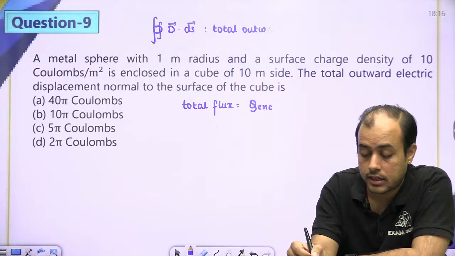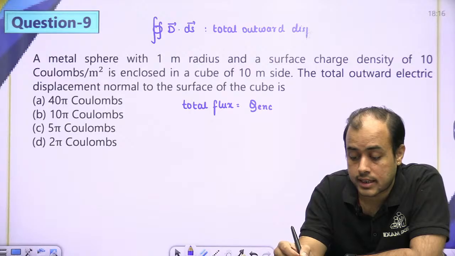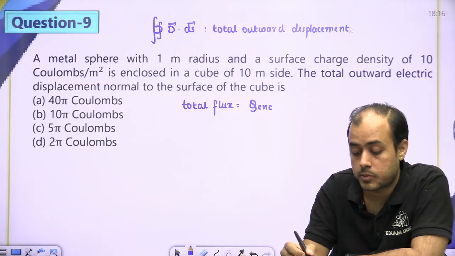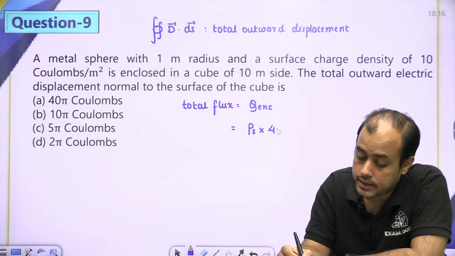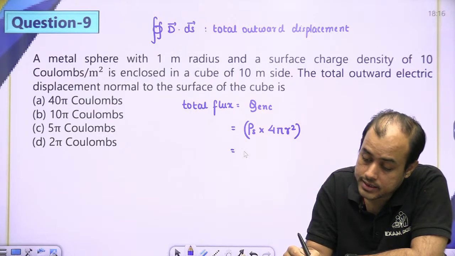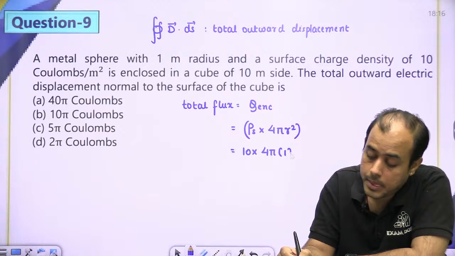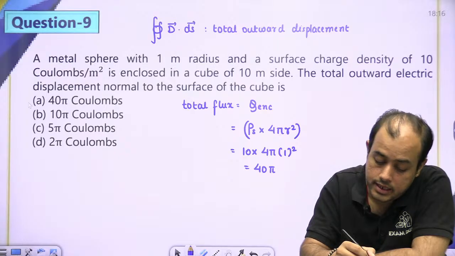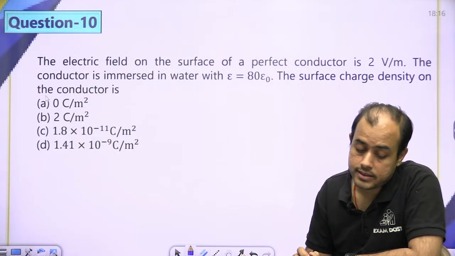Basically it is the flux. Why beta? Because the D vector is known as the displacement vector. D vector को हम displacement vector के नाम से भी जानते हैं. Because it is a surface charge on the sphere, surface charge है ना, तो surface charge density into area. So answer is A.